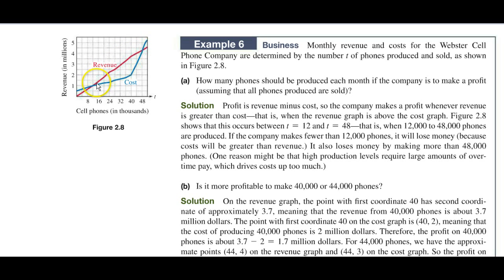So you can kind of delineate when your profit is being made. And by reading this carefully and then interpreting the graph, you can pick out the answers, and of course that's what they want you to do.